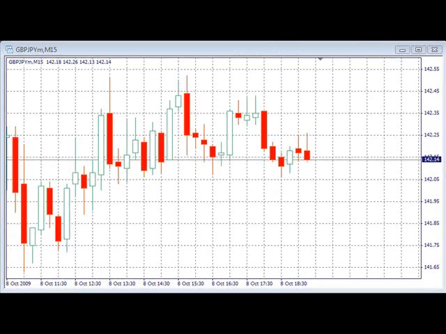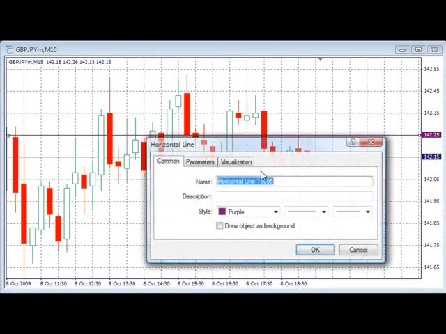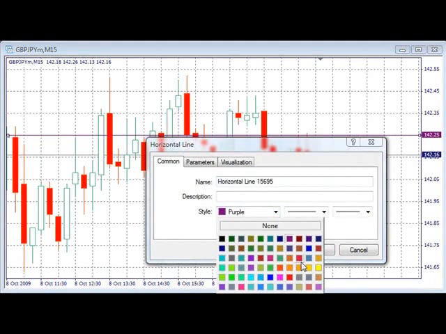So I'm going to use horizontal lines to mark off my entries, exits, and demonstrate the risk versus reward. So current price is 142.15. We're going to go long on this trade, and I'm going to say that 142.25 is going to be my entry point.